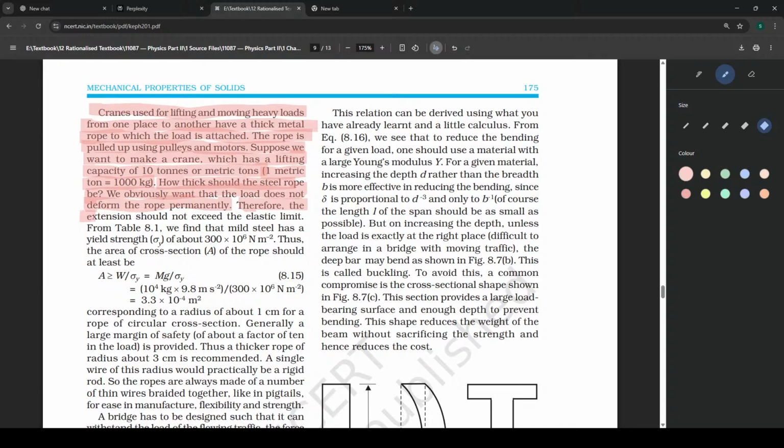Therefore, the extension should not exceed the elastic limit. From 8.1, we find that mild steel has a yield strength of 300 × 10^6 Newton per meter square.